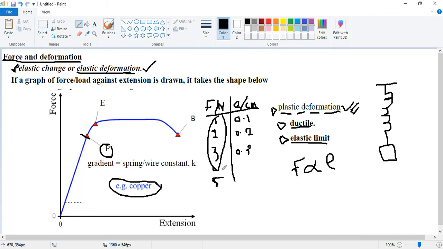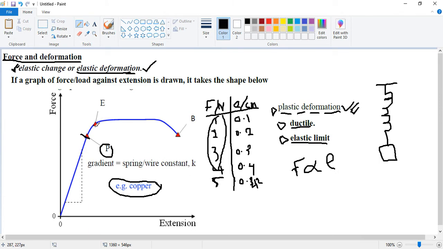Let's say for 4 newtons it was 0.4 centimeters. But when you add 5, which is a very big load, the difference in extension is not the same as before. Maybe it could be 0.41, or let me say 0.42, because it could be increasing still.